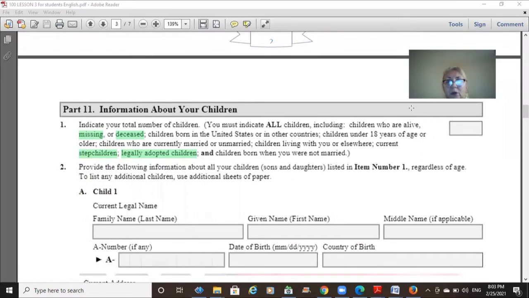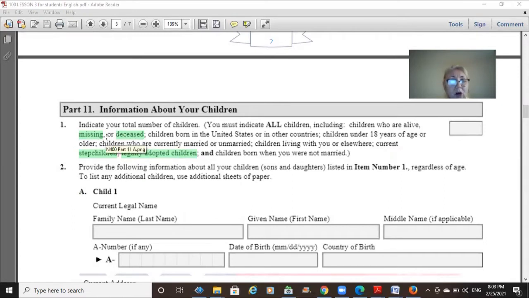So this part is called information about your children, and that's where you are going to tell immigration services about all of your children, including children who are alive, missing, or deceased.